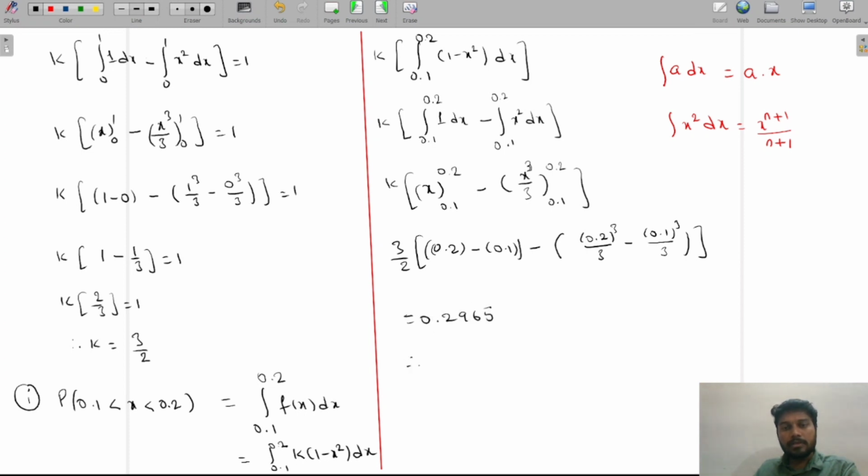See, this is the probability between 0.1 and 0.2. The integration from 0.1 to 0.2 of f(x) dx is equal to 0.2965. Okay, right.